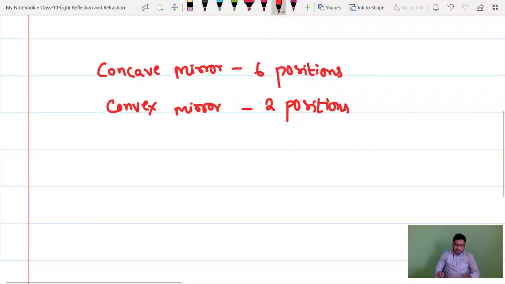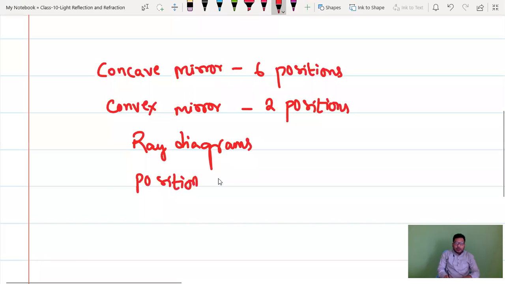You must understand and remember those ray diagrams, at the same time the position of object and position of image.